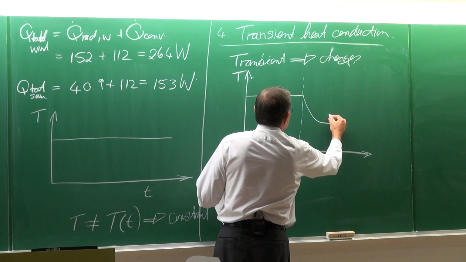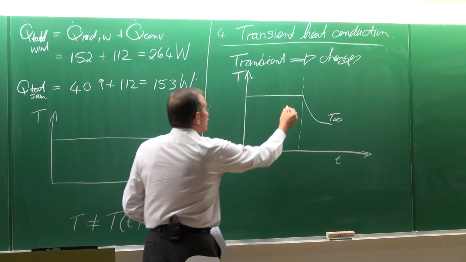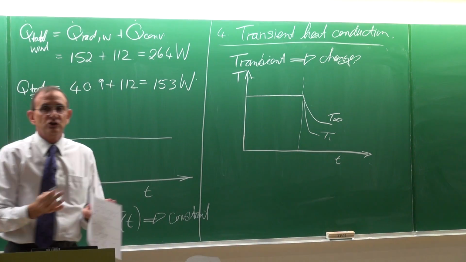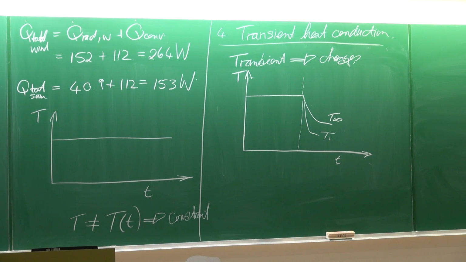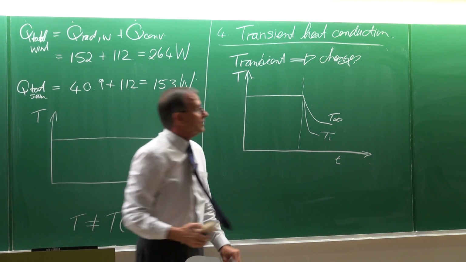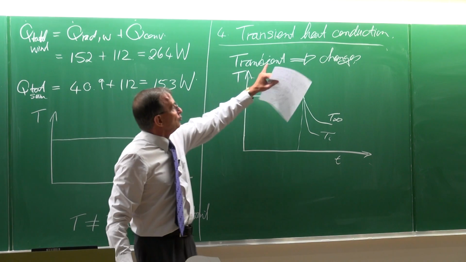And it can be either the temperature of the environment or it can be the initial temperature of a body. So one of the two is going to change. And then we are interested to see how the temperature difference will be in the body as function of time. And take note, it is transient heat conduction.